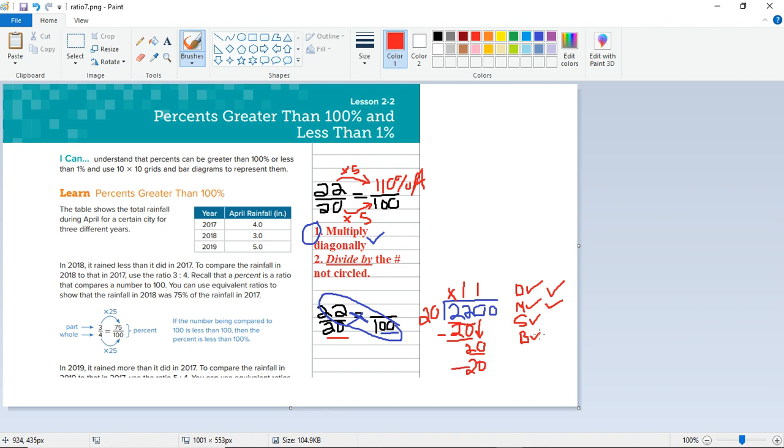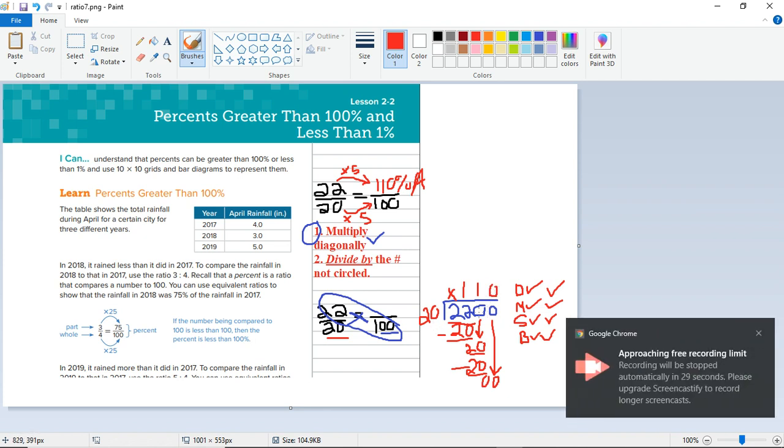Then I subtract again, and I get 0. Then I bring down my last number to bring down. Even though it's 0, it's very important that you still ask yourself, what is 0 divided by 20? Well, that's 0. So that 0 goes into that spot.